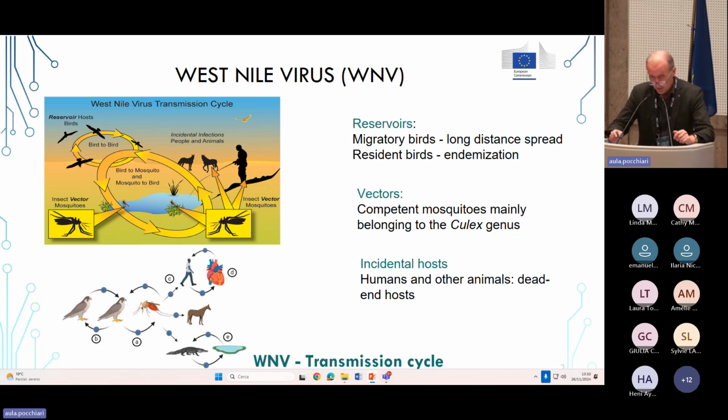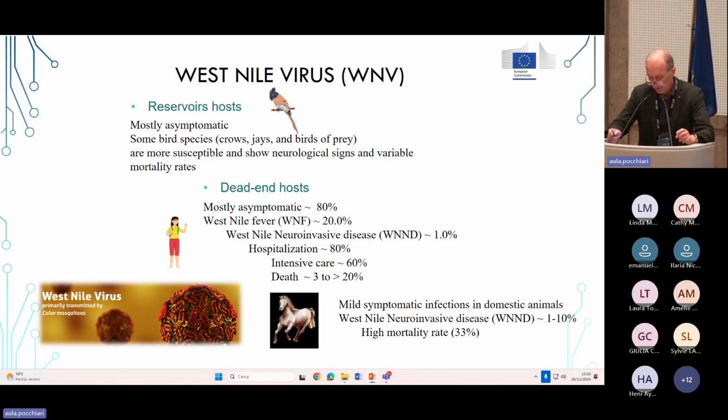We have reservoirs, we have vectors, and we have incidental hosts or dead-end hosts. Normally, most of the infections are subclinical, asymptomatic, in reservoirs and also in dead-end hosts. But in dead-end hosts, we might have also severe complications.